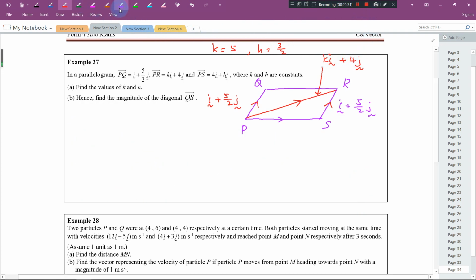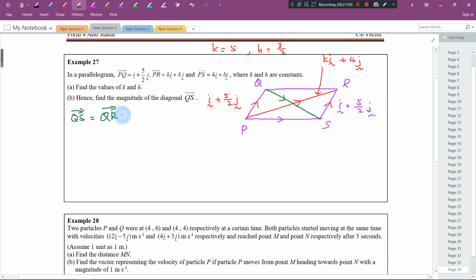Okay, let's proceed to the last part. We have to find the magnitude of the diagonal, oh sorry, not OS, QS. Q to S. QS is equal to QR plus RS, right?